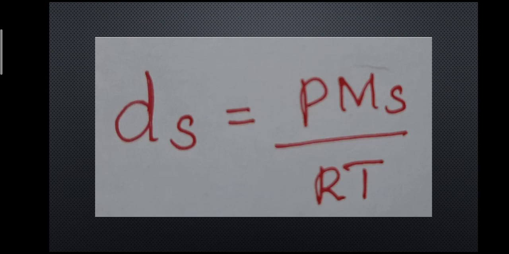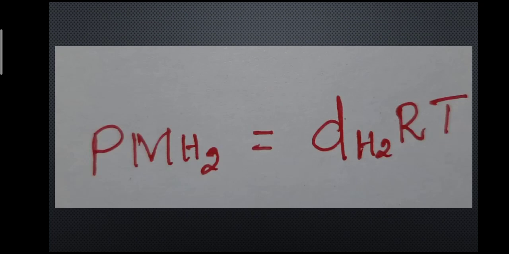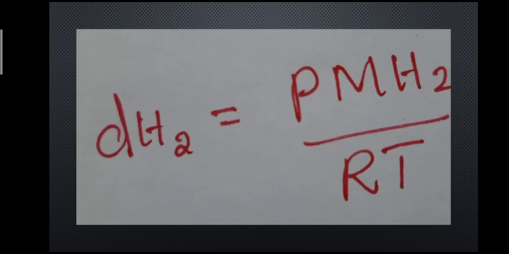For hydrogen gas, remember, from that what I require is only ds. So we can interchange the other terms so that ds is equal to PMs divided by RT. Similarly, in the second case, PMH2 is equal to dH2RT, so dH2 is equal to PMH2 divided by RT.